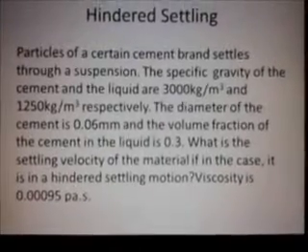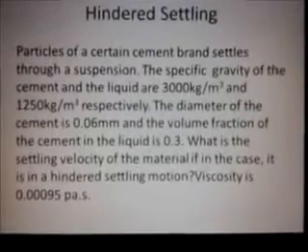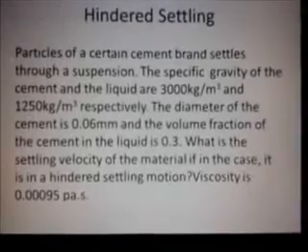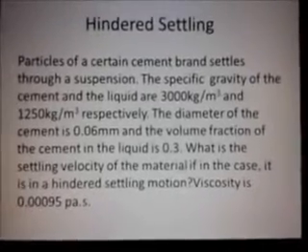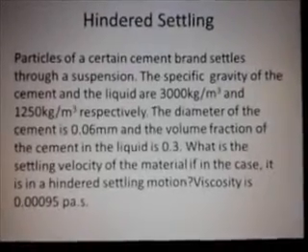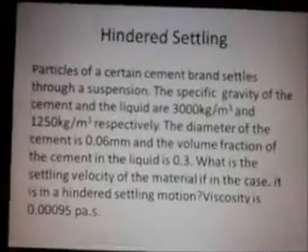The diameter of the cement is 0.06 mm and the volume fraction of the cement in the liquid is 0.3. What is the settling velocity of the material if it is in hindered settling motion? Viscosity is also given to be 0.0095 pascal second.